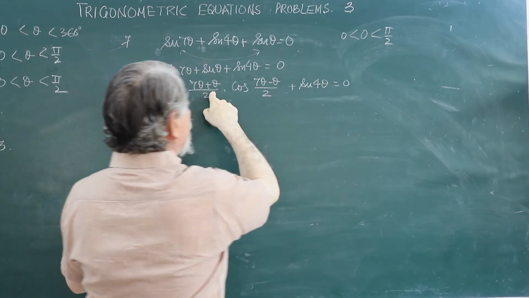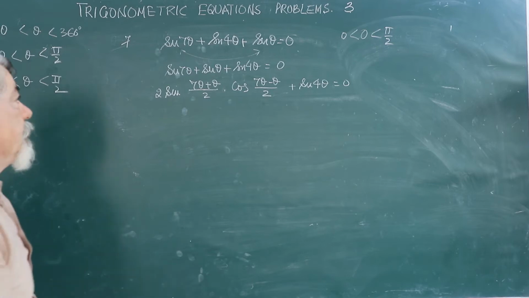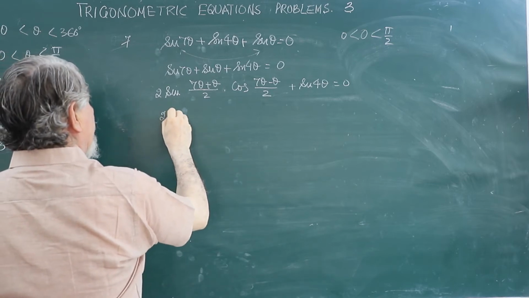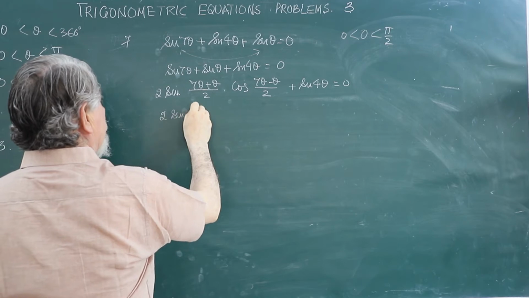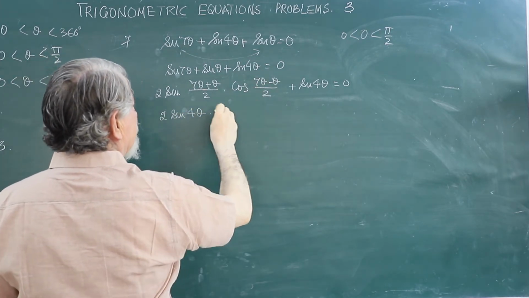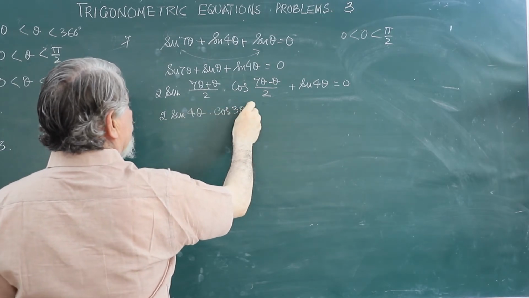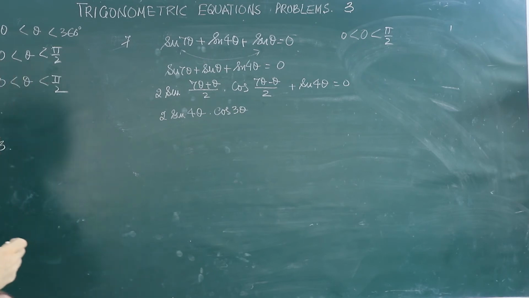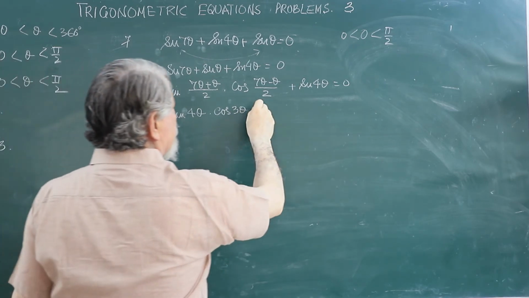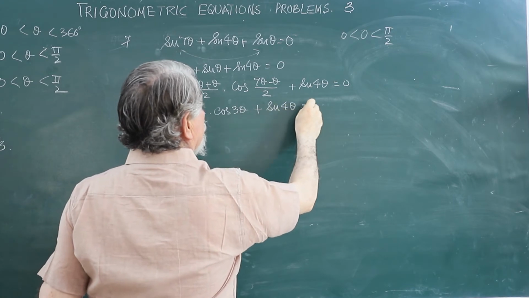You see here sine 4 theta is there, I can take it out common. It will become 2 sine 4 theta, 8 theta upon 2, and 7 theta minus theta, 6 theta upon 2, will give you cos 3 theta, plus sine 4 theta is equal to 0.